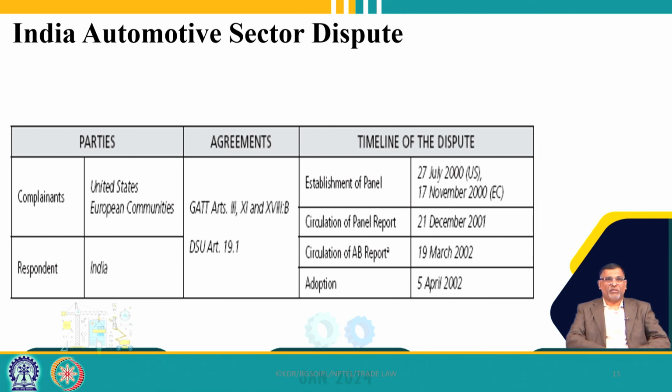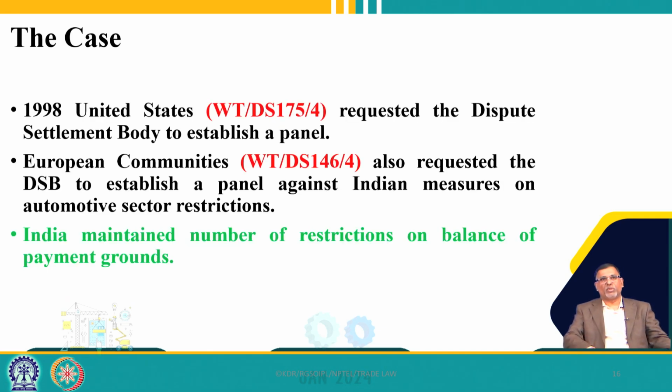So, they had the monopoly. Here the complainants were the United States and the European Union, which alleged Indian violation of GATT Articles 3, 11 and 18B. The complaint was filed in the year 2000 itself, and by 2002 the reports were issued.